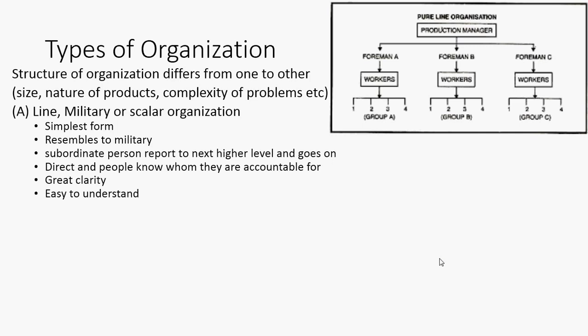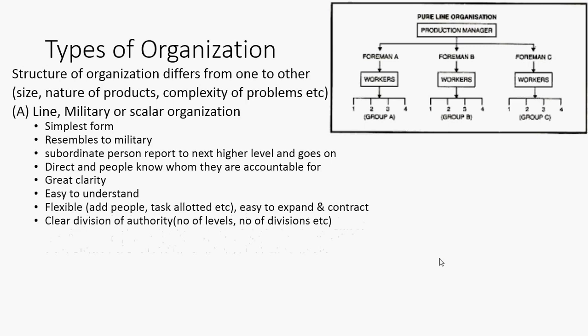It has clarity about how much they are responsible for and what they are accountable for, and it is easy to understand, both outside and inside the organization. It is flexible. They can add people, they can add to the tasks allotted to each helper or worker, and it is easy to expand or contract, to reduce or increase the size of the organization.